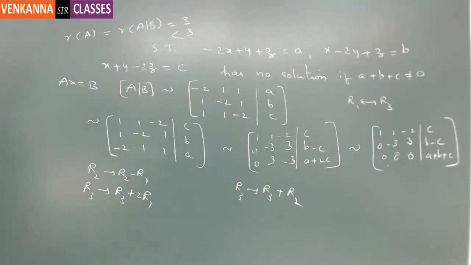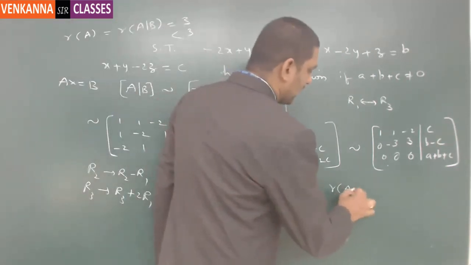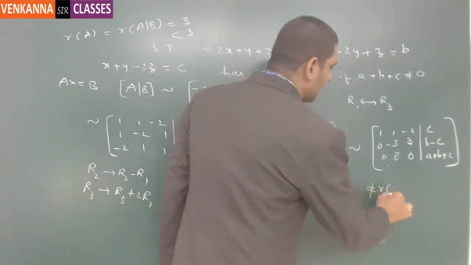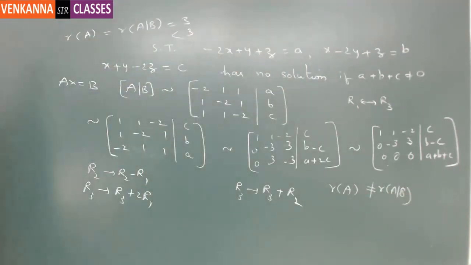Then only we will have a solution. Now what happens in the augmented matrix? If A plus B plus C is not equal to 0, then rank of A is not equal to rank of A by B. Rank of A will be 2 and rank of A by B will be 3. Agreed?